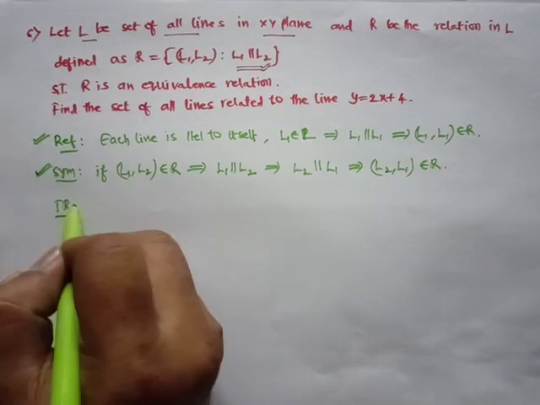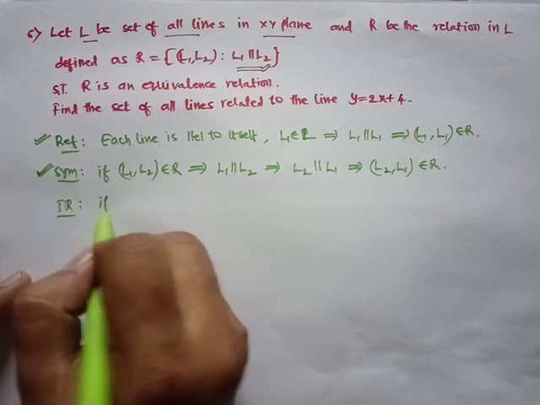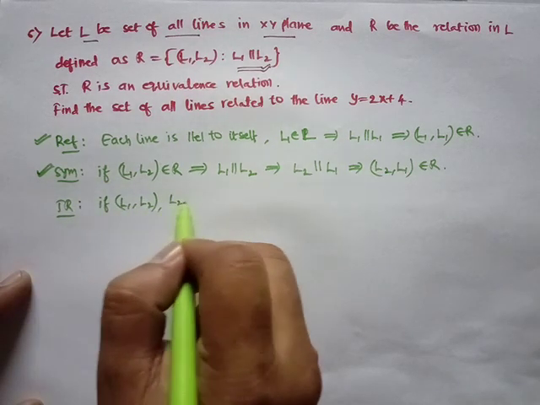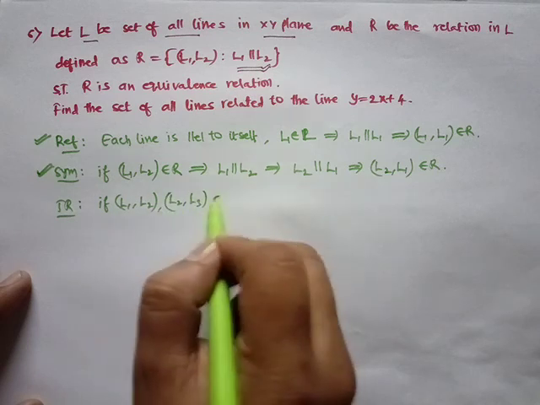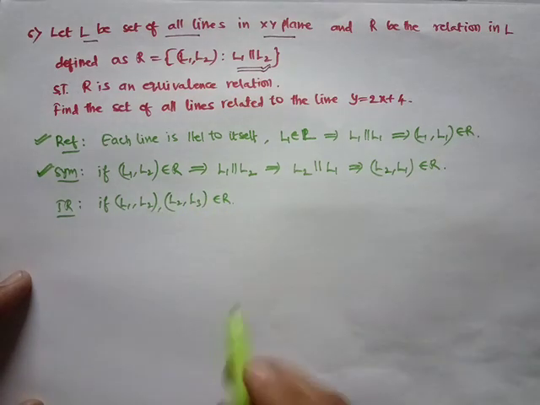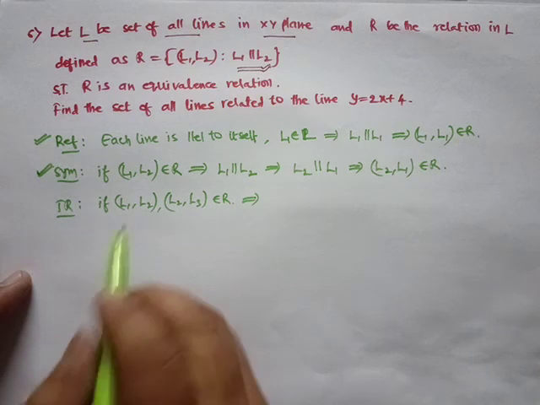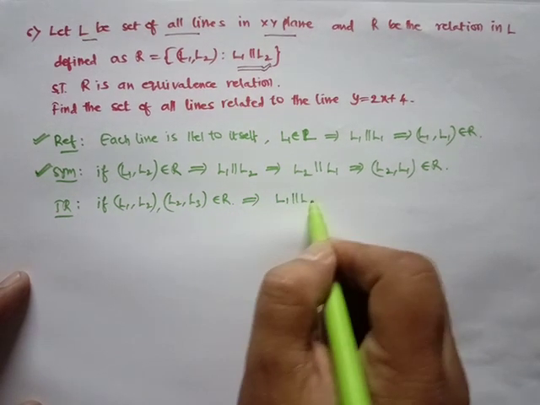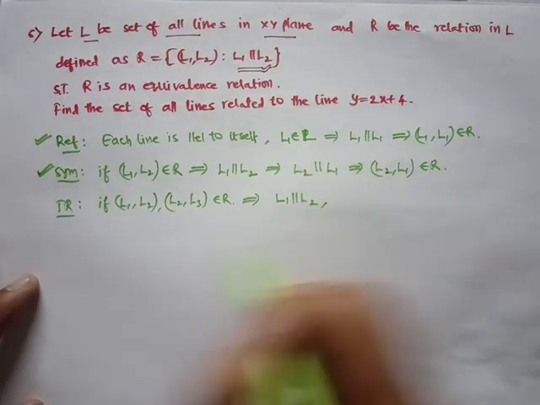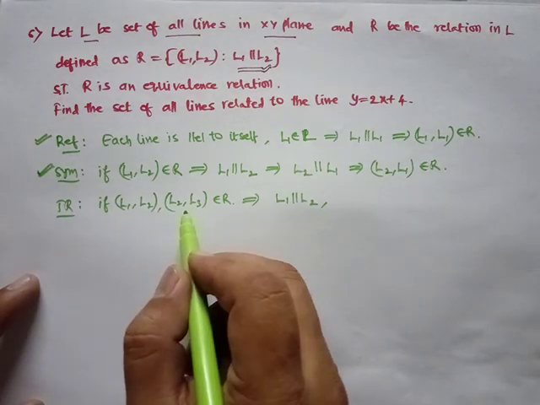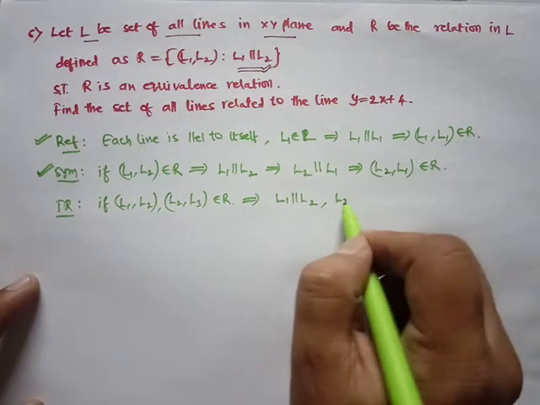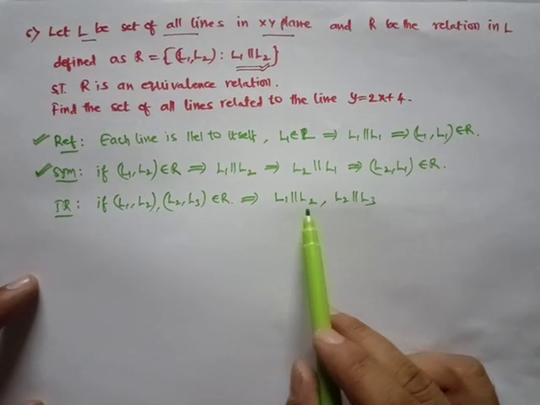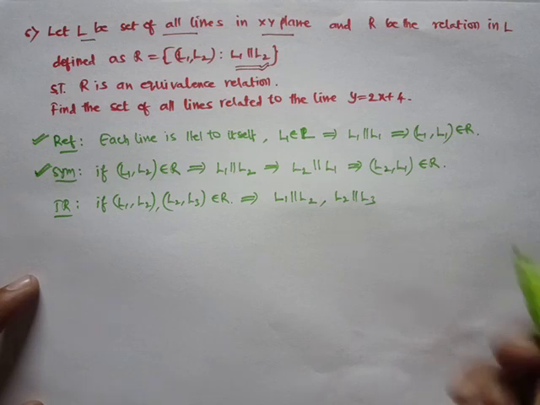Coming to the next, the transitive case: if (L1, L2), (L2, L3) both belong to the relation, this implies L1 is parallel to L2 and L2 is parallel to L3.